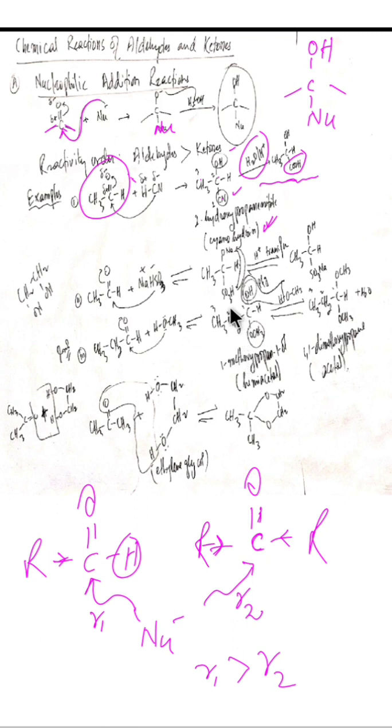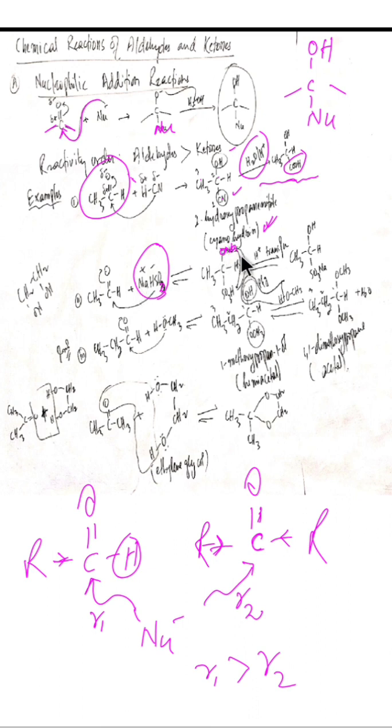Okay, so let us move to the next nucleophilic addition reaction, which is with sodium hydrogen sulfite, NaHSO3. Okay, when an aldehyde or ketone is reacted with sodium hydrogen sulfite, then SO3H will be attached to this carbon atom as nucleophile, and the sodium will go to oxygen.